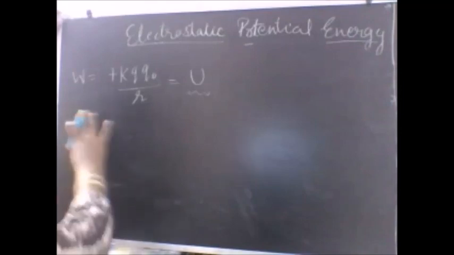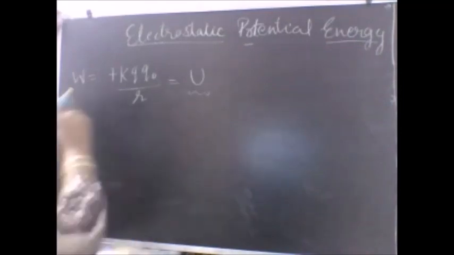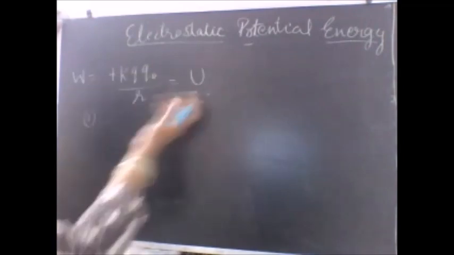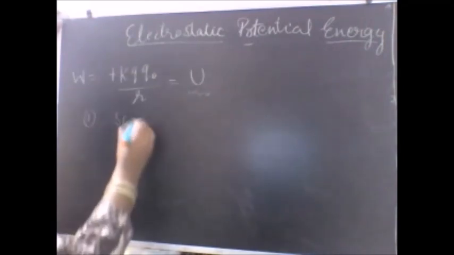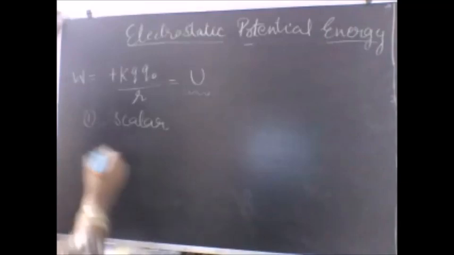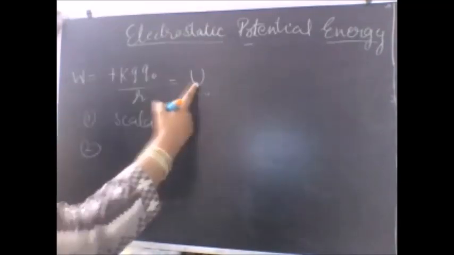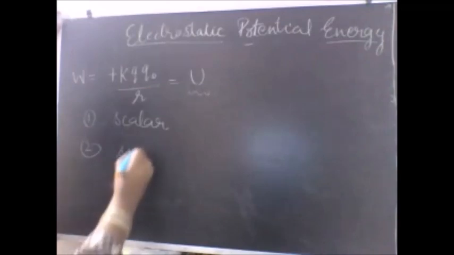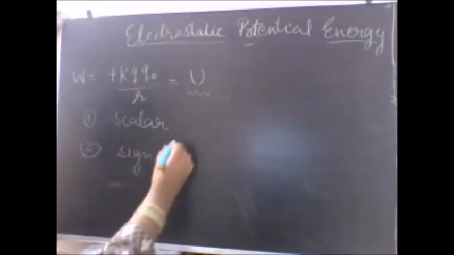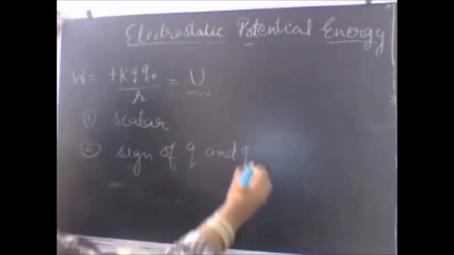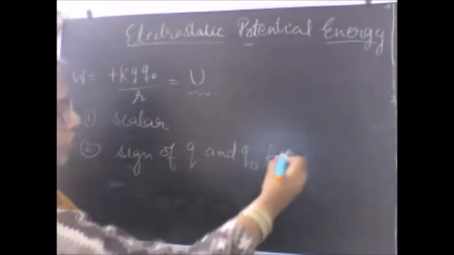So there are certain points that we should always keep in mind regarding the work done. The very first point is that this work done or the potential energy, of course you know that they are scalar quantities. Second thing is, when we are calculating the work done or the potential energy, I should keep in mind the sign of Q and Q naught both.